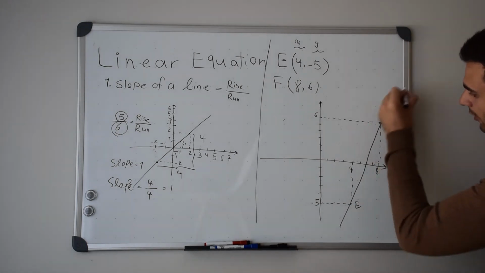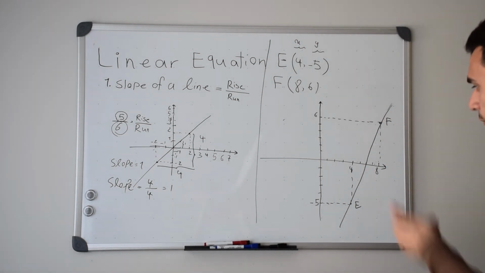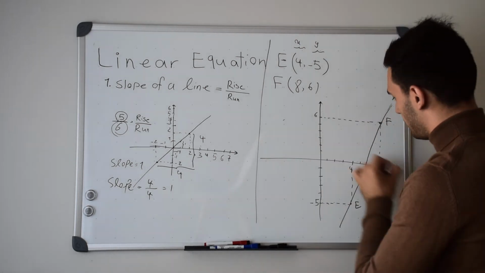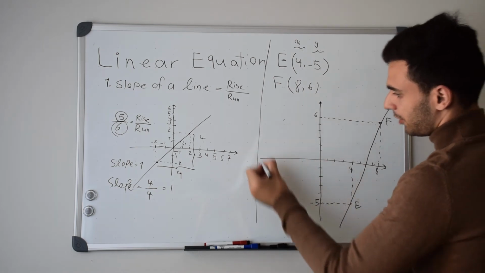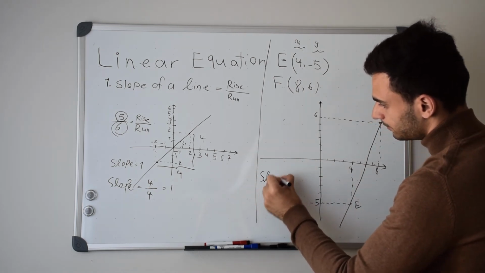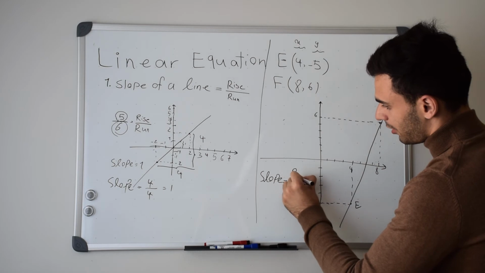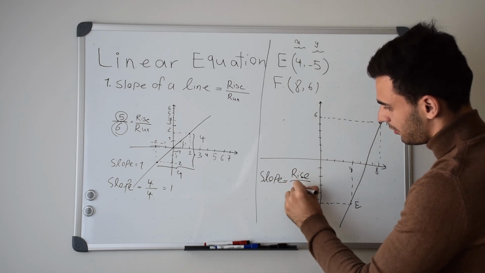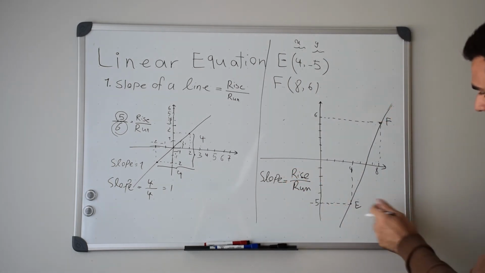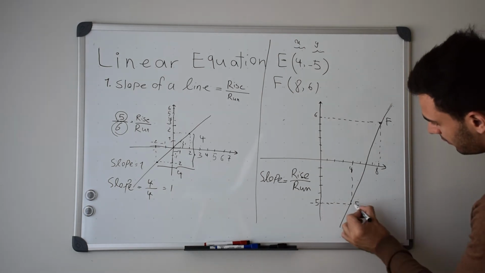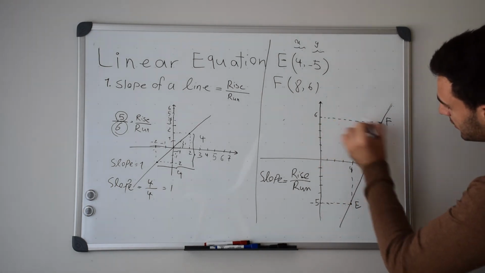Okay, here. So now we can understand what's the slope, because we can see the rise and run, right? Slope equal to, again, rise over run. So what is rise here? You go from -5 to +6.